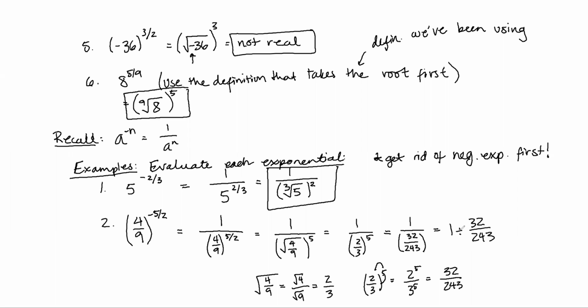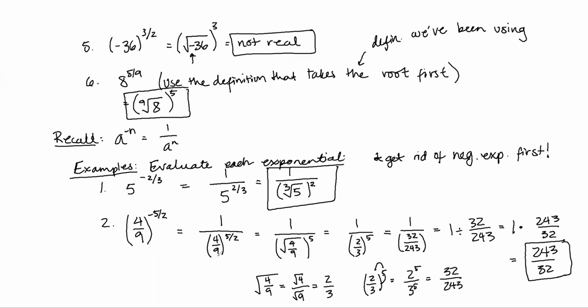And with fractions, we're going to change this to 1 times 243 over 32. Well, any number times 1 is just itself. So this is the same thing as 243 over 32. And this one is about as ugly as these are going to get, especially when you have fractions within fractions. Normally they'll be a little bit nicer, but you will see one like this on your homework.